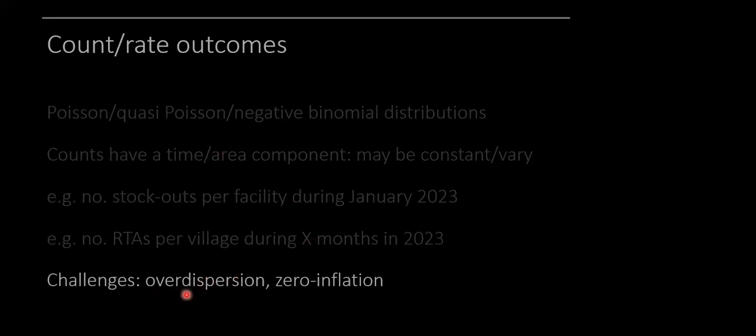Challenges, again, often the main ones come down to whether the variance is being correctly modeled. We won't go into the details, but we can certainly look at those in the offline follow-up.